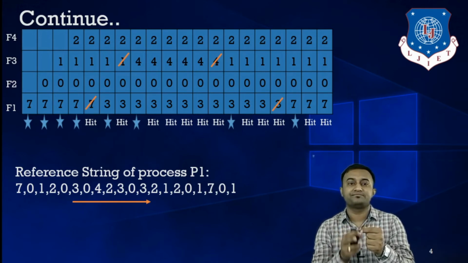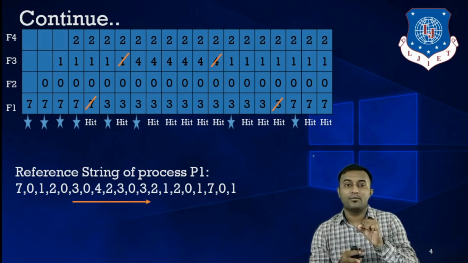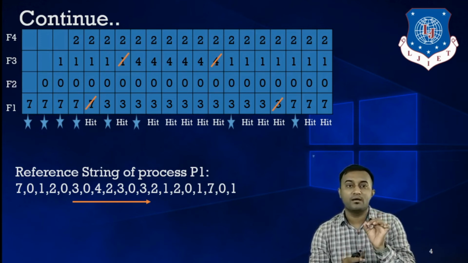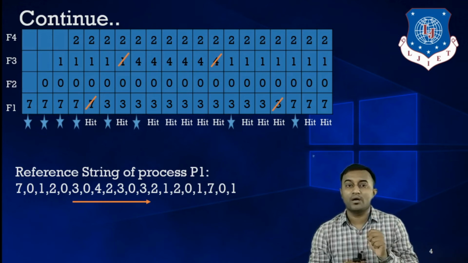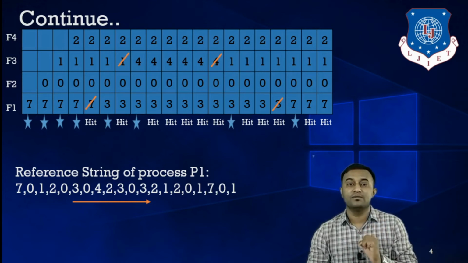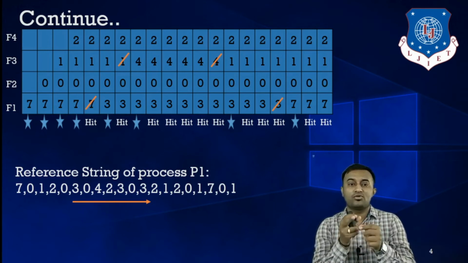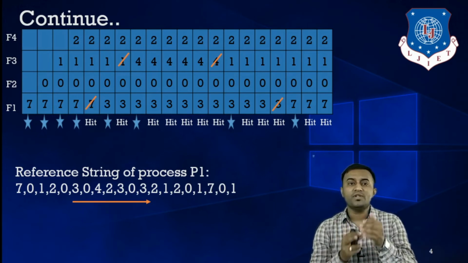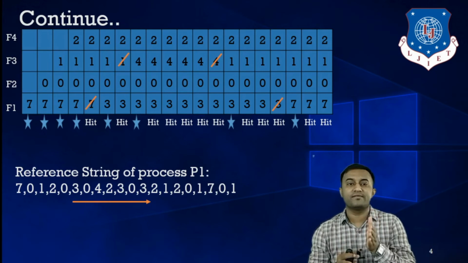Then we will check how many pages we have in main memory. Right now 4 pages. And what are the different pages we have? Page number 2, 1, 0 and 7. So these pages are already available. Now we need to check these 2, 1, 0 and 7.